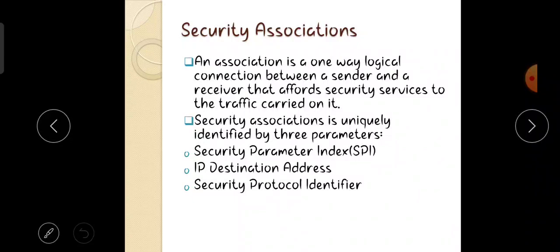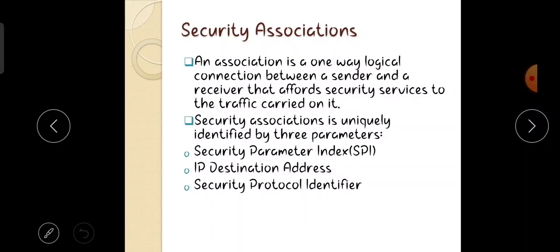A security association is uniquely identified by three parameters. The first one is the security parameter index. It is a 32-bit unsigned integer assigned to this SA and having local significance only. The second one is the IP destination address.